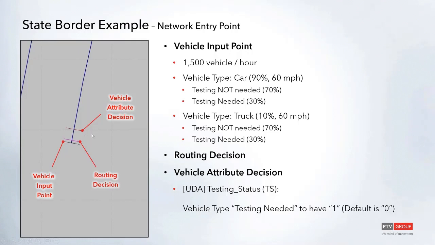And then they will pick up a vehicle attribute decision. In this case, we created a user-defined attribute called testing status. Based on the vehicle type, that testing status will be set to 1 if a vehicle needs to have further testing. And this will allow us to route vehicles and have the vehicles make decisions along their way.